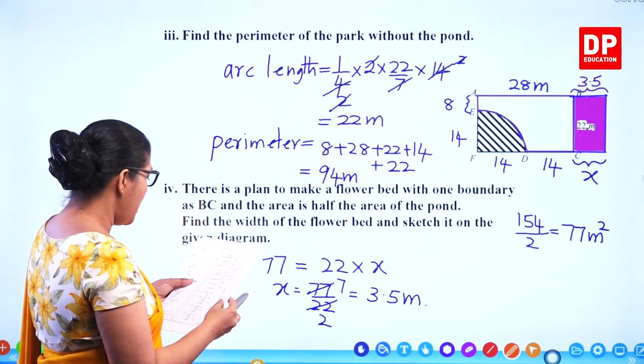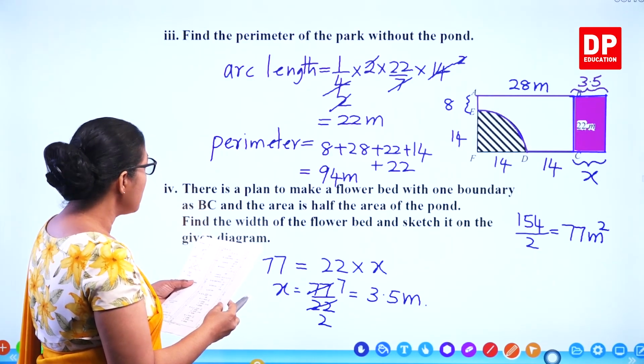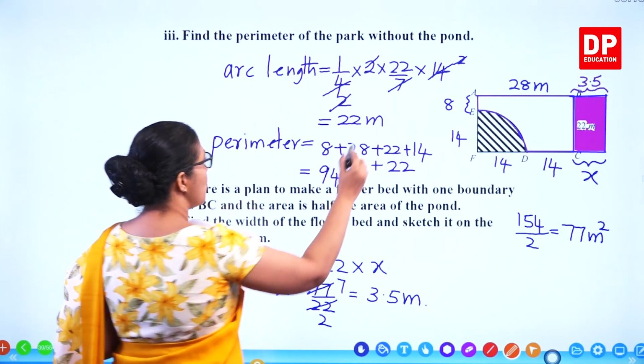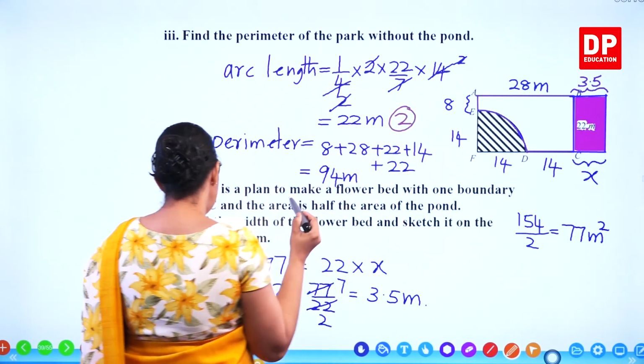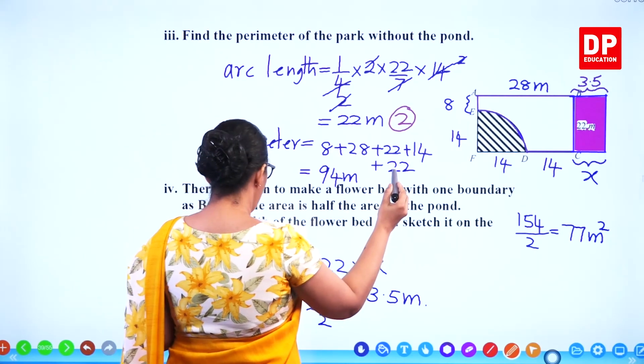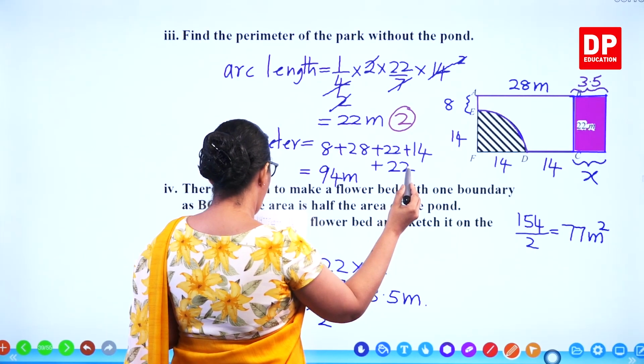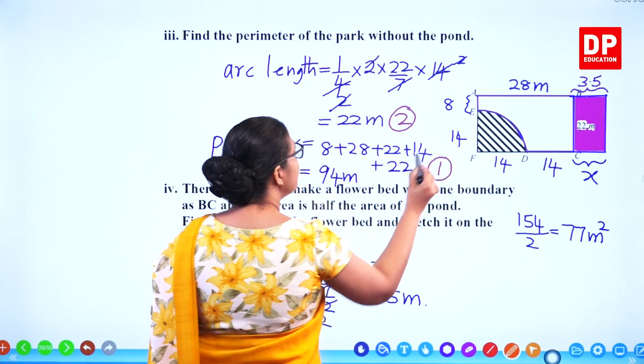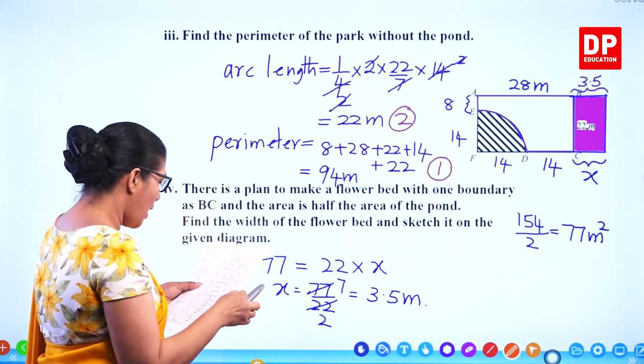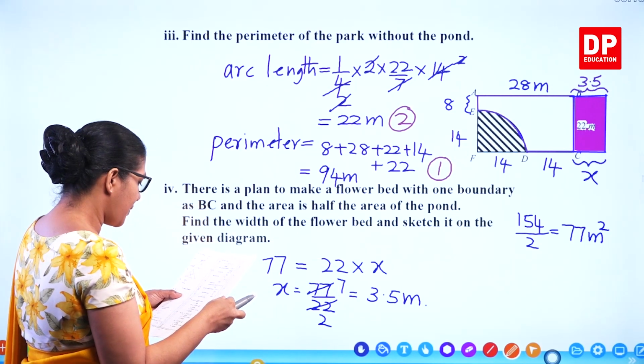So how many marks for these two steps? Part 3, you get finding arc length, 2 marks, and finding perimeter, just 1 mark. And the last part, you are getting 3 marks.